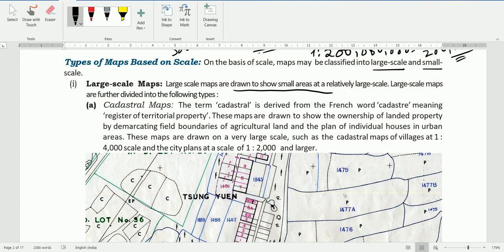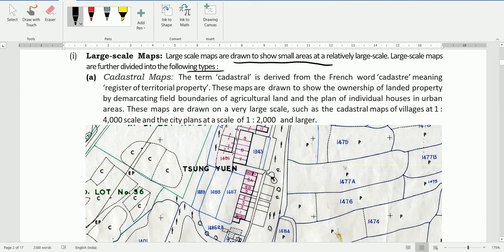Since the scale is large, we can represent the features on the earth's surface in detail. And large scale maps are further divided into the following types. The first type of large scale map is the cadastral map.